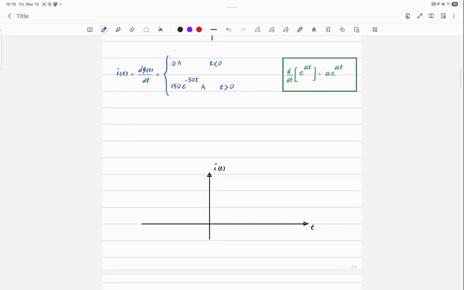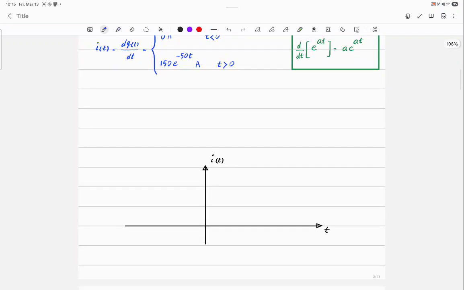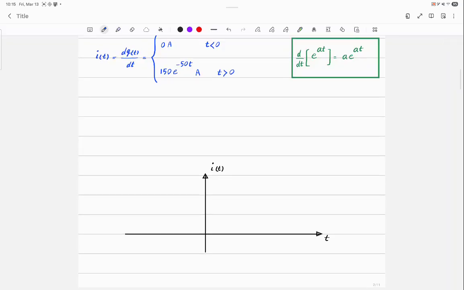Okay. So let's plot this. What's the current for negative value of time? 0. How can I handle it for positive value of time? 2 points. Remember, start of the interval when it approaches infinity.